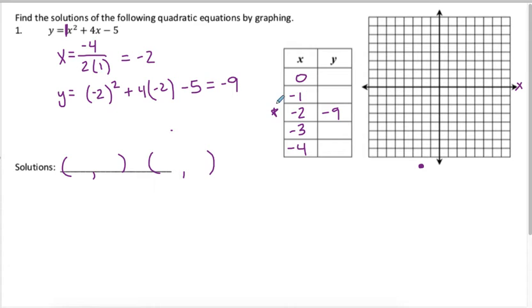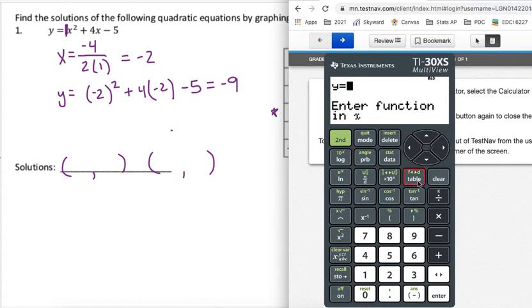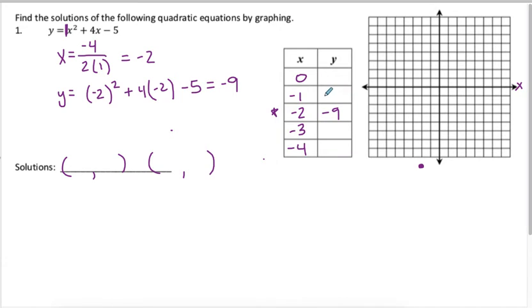All right, so let's go ahead and put this in our table. So we're going to say table y equals x squared plus 4x minus 5. Create a table here. Let's start at our vertex, -2. All right, so we have -1, -8, 0, -5.